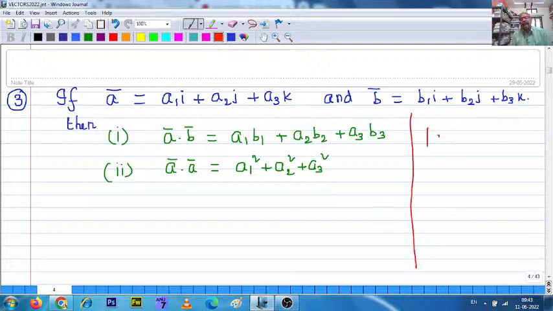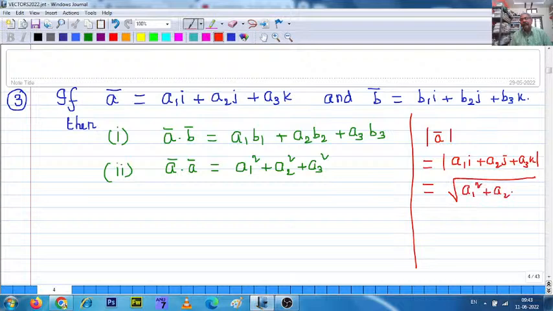Now, my dear students, you remember, what is the modulus of a bar? Modulus of a bar is equal to modulus of a1 i plus a2 j plus a3 k. In the first chapter, properties of vectors, we discussed how to evaluate the modulus of any vector: under root of first component square plus second component square plus third component square.